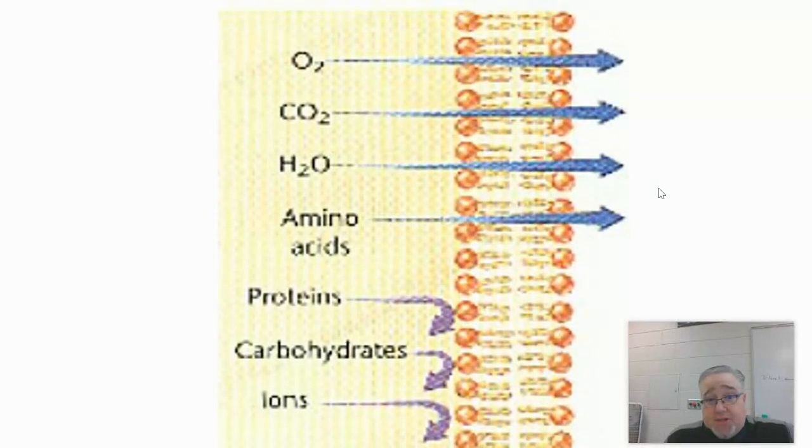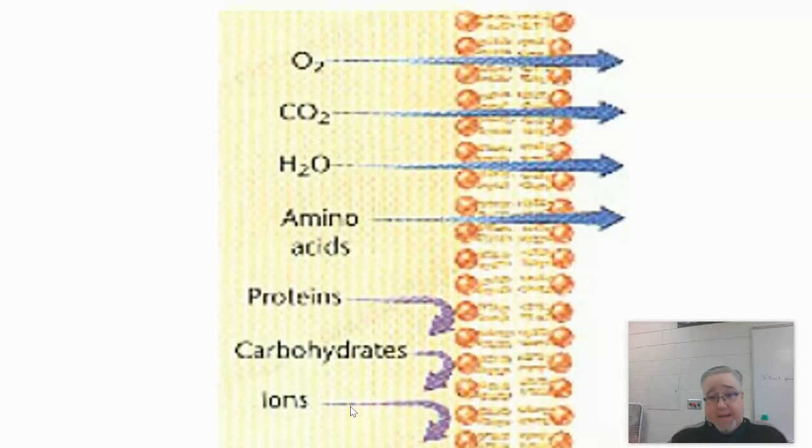But sometimes you get other molecules that have trouble getting past this membrane, whether they're too big, or maybe they have a certain charge to them that won't allow them to get through. Now, you would think these things would need to come into a cell.